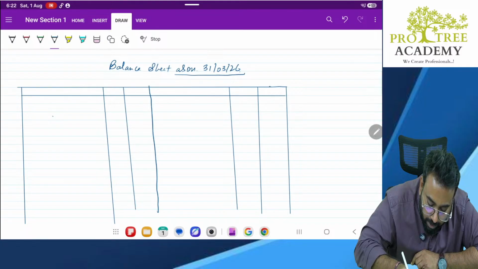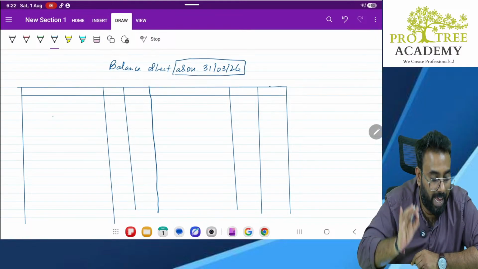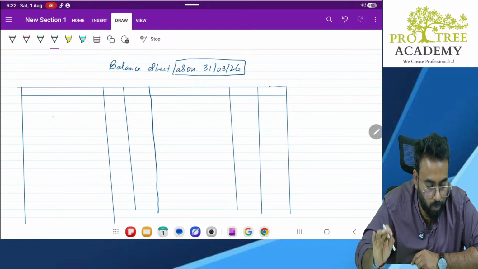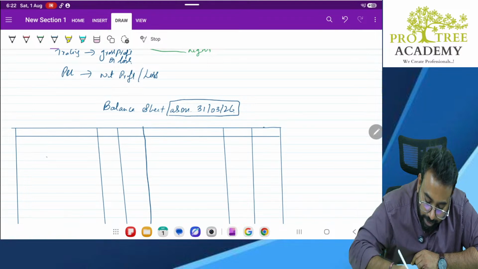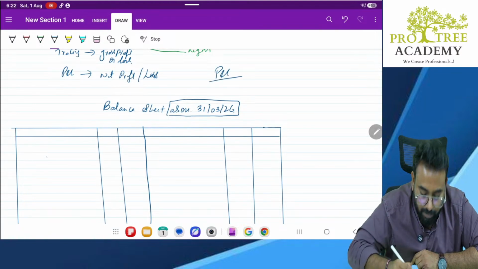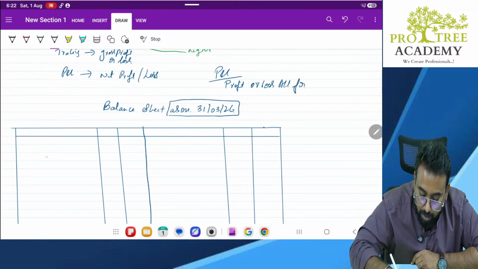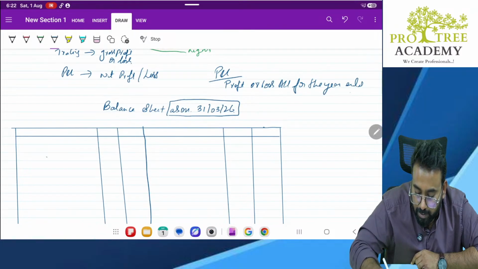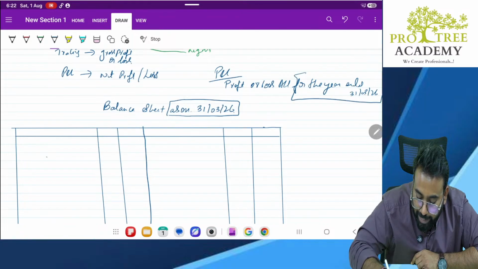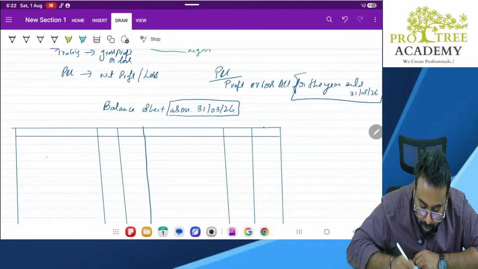Look here very carefully. Balance sheet as on 31st March 2026. Whereas when it came to P&L, what is the sentence we wrote? Profit or loss account for the year ended 31st March 26. Look here. For the year ended, but here as on.